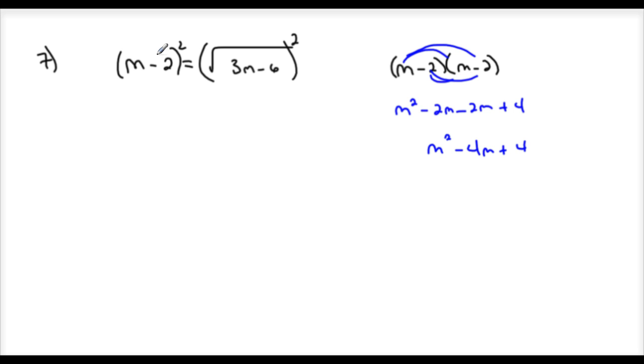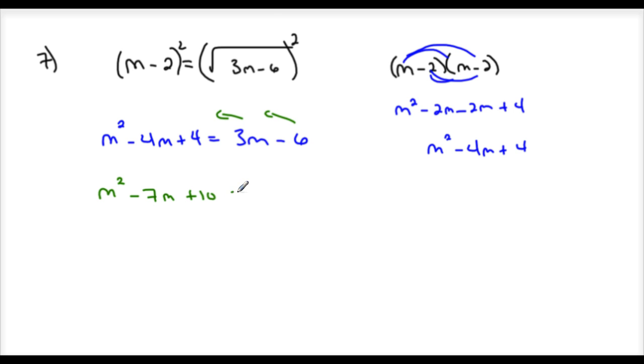If you could do this part mentally, I would definitely suggest it. So m squared minus 4m plus 4 equals, and then this side is just simply going to be 3m minus 6. I want to bring over your 3m, I want to bring over your minus 6. So subtracting 3m, you'll get m squared minus 7m, adding 6 to both sides, plus 10, equals 0.